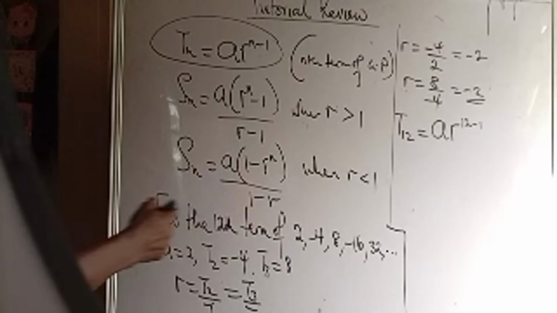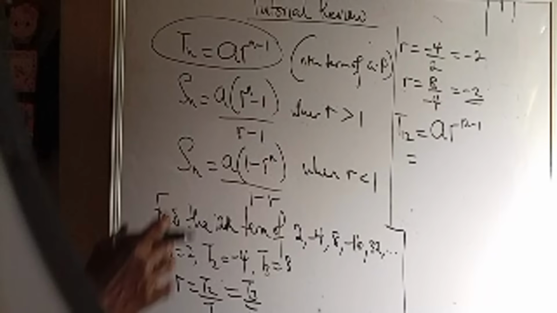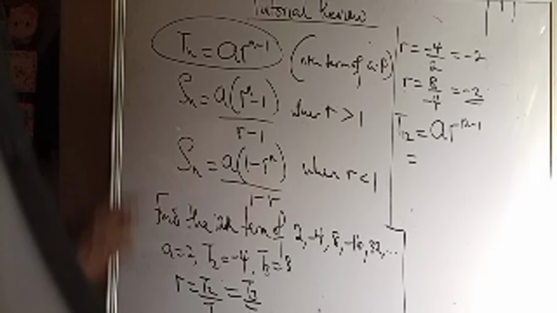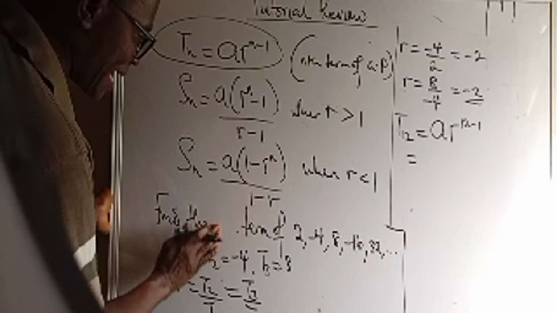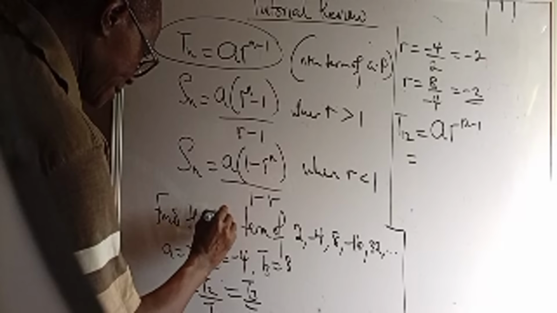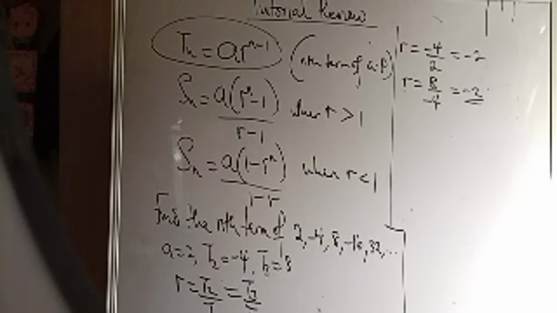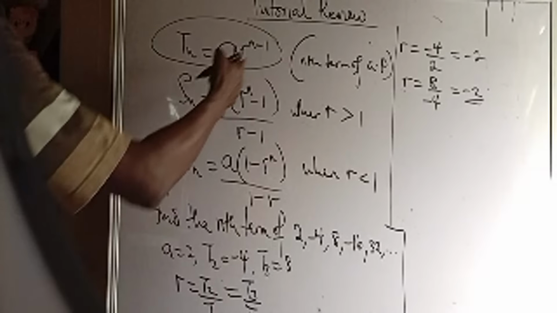Suppose we are asked to find the nth term, let's say the 12th term. If we are asked to find the 12th term, T12 will be A times R raised to power 12 minus 1, from this formula. But suppose we are asked to find the nth term. Yes, it's possible. That means we don't know the value of n.